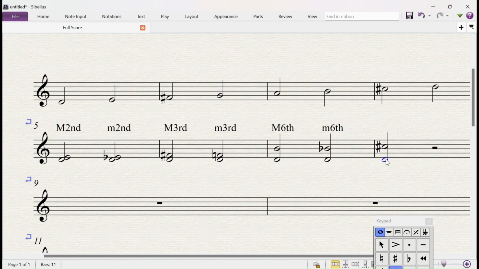And here we have D to C sharp. C sharp is in the D major scale. Should I make this a regular C? C sharp becomes C, lower it. It becomes a half step. So that's natural. Make this a natural.